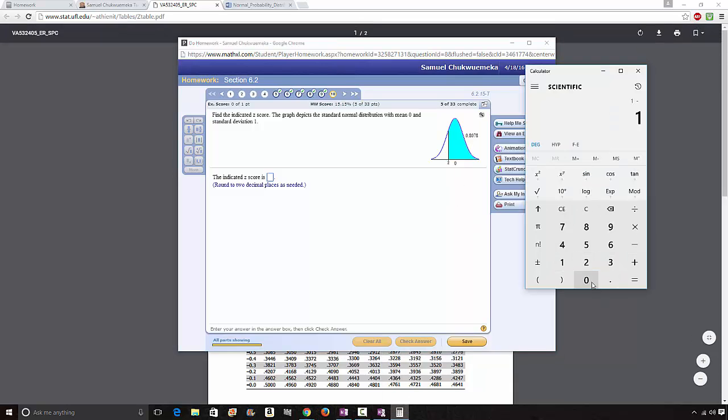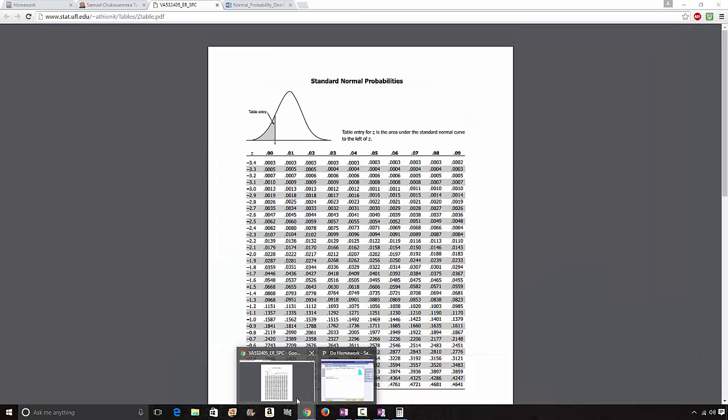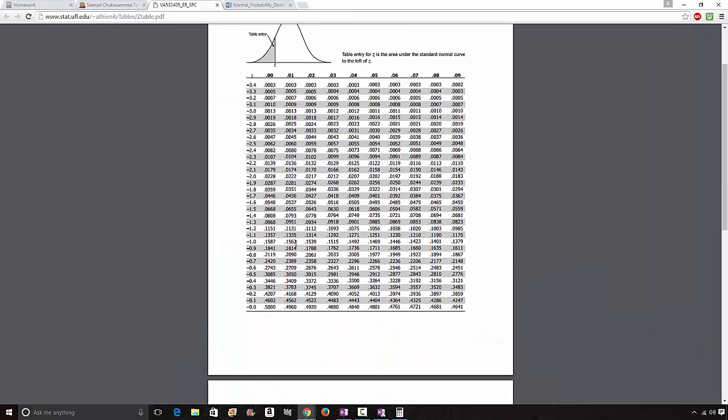1 minus 0.8078. That gave us 0.1922. So we are now going to find the z-score for that area. So let's say 0.1922.